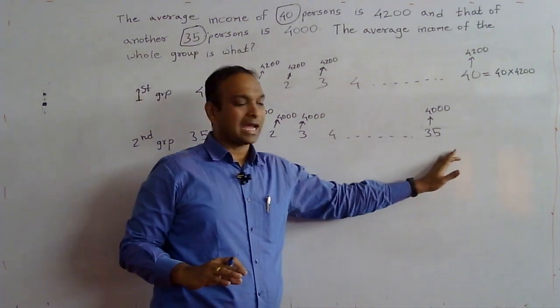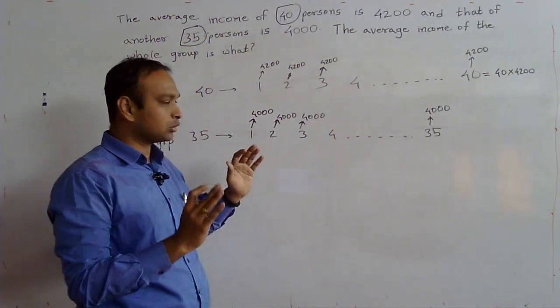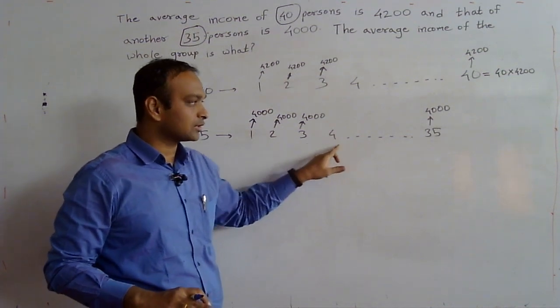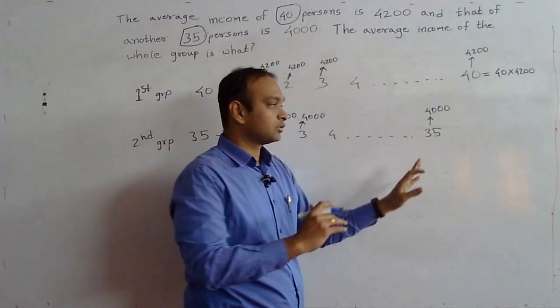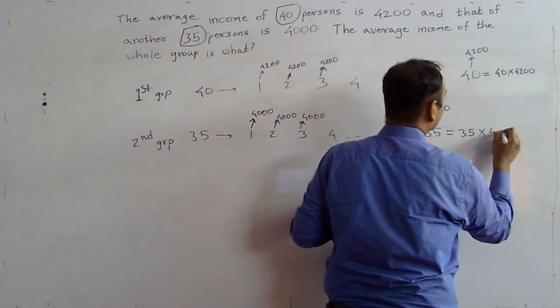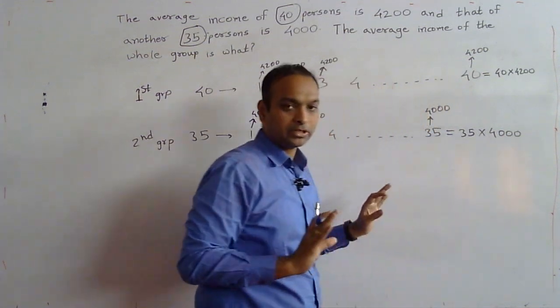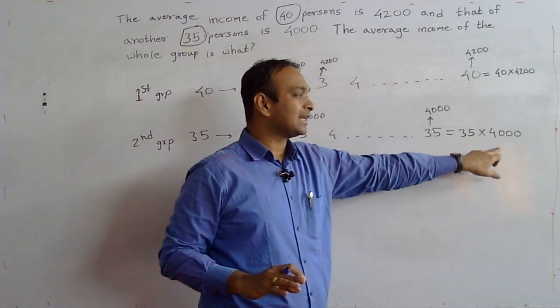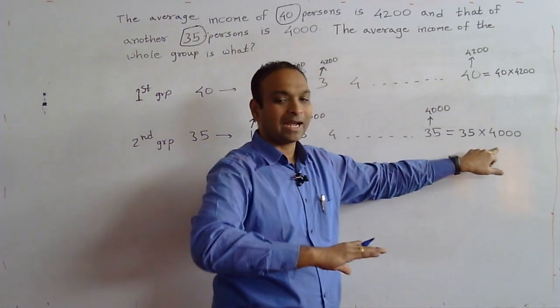Again, if we add all these to make the total income of the second group, it will be 4,000 plus 4,000 plus 4,000 till the 35th. So the total here will be 35 into 4,000. Got it? Now we have the total income of the first group and the total income of the second group. Let's add these two.